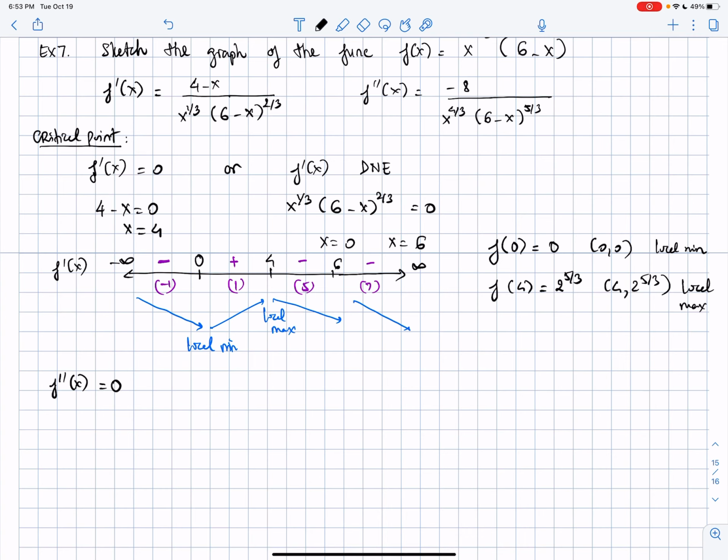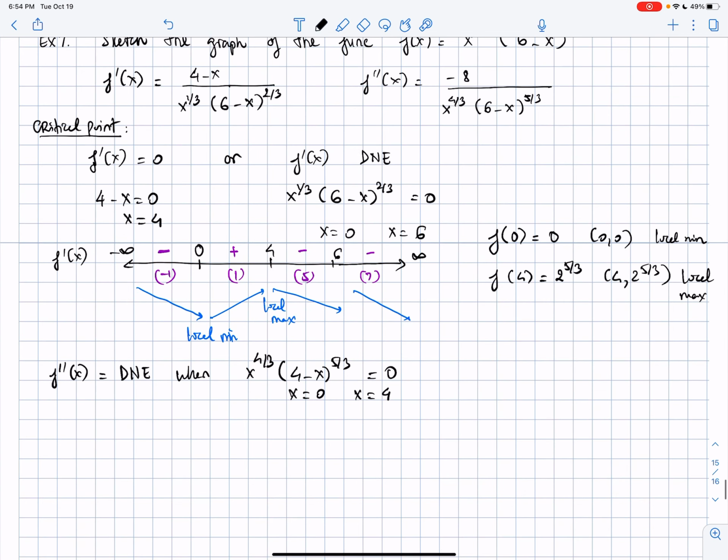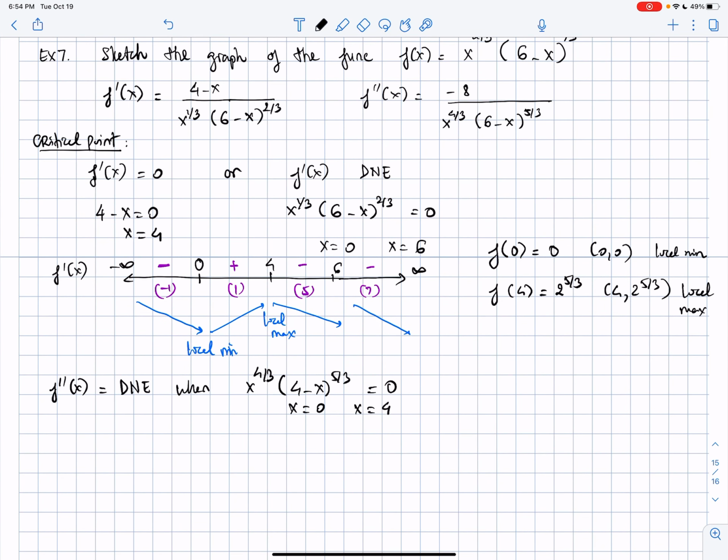Because f double prime is a fraction, f double prime does not exist when x to the 4/3 times (6 minus x) to the 5/3 equals 0. Solving this, we get x equals 0 and x equals 6. It's not 4, it's 6. So 0 and 6.